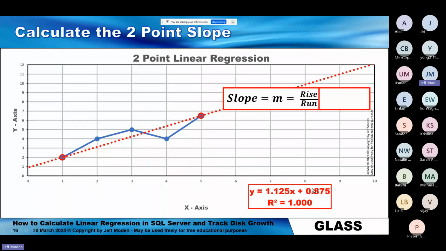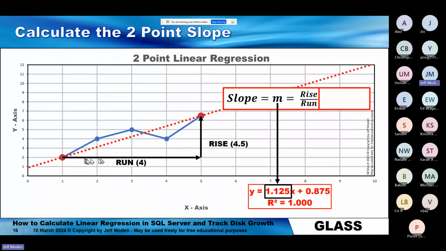All righty, in case you forgot, slope is the rise over the run. And according to Excel, for this particular set of data, we need to come up with a slope of 1.125. So from the height of our first point up to our second point, we have a rise of 4.5, 1, 2, 3, 4.5.